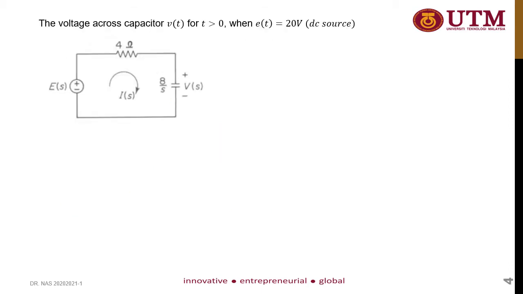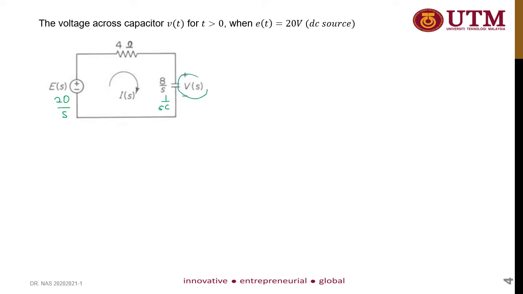Okay, next you need to determine the voltage across capacitor v(t) for t larger than 0, and e(t) as earlier is equal to 20 volts, so here is 20 over s, and then this is 1 over sC.